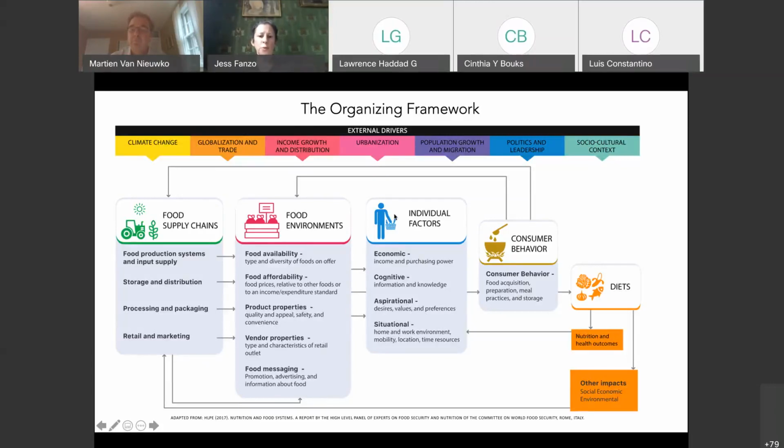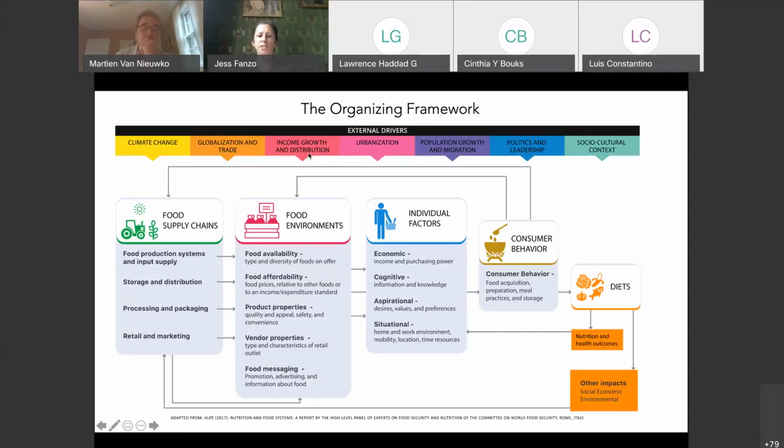Consumers bring with them many different factors when they come to make a decision about their diets: their purchasing power, their aspirations, their knowledge. And these all influence diets, and then health and environment, social and economic outcomes.